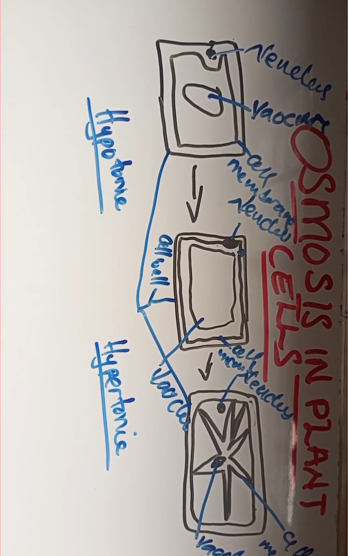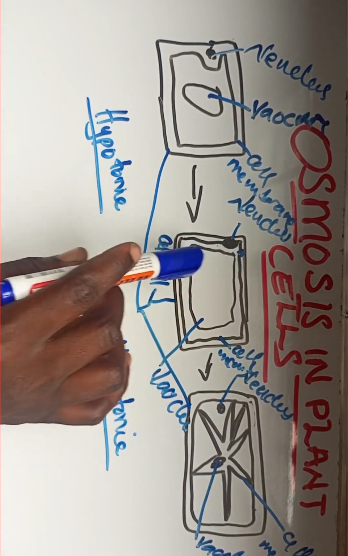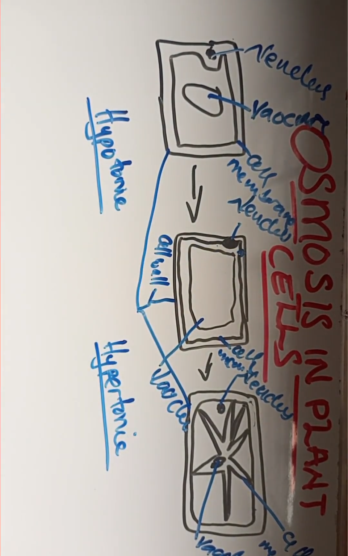Inside, the water concentration will be higher than outside, because outside at first the water was concentrated, meaning the water will enter inside the cell where it is less concentrated, and it will result in protoplasm. The cell membrane will press itself to the cell wall, and that is called protoplasm.